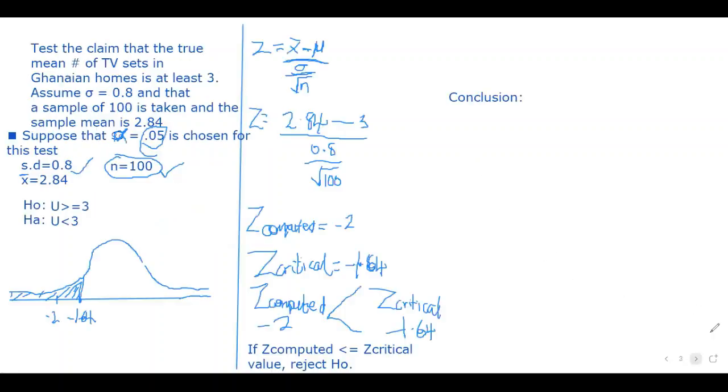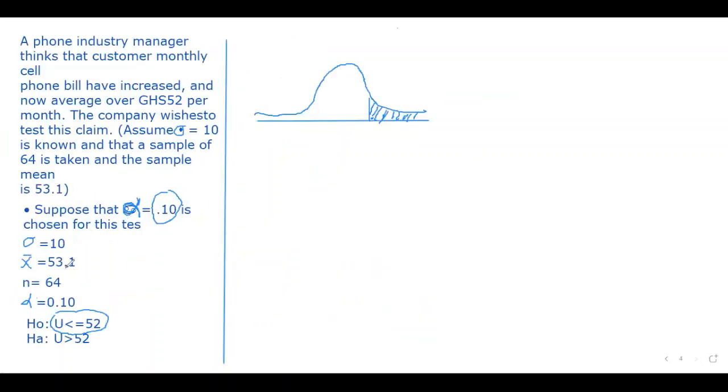With this application, n is greater than 30 and the standard deviation is known, so you use the Z test. Z is the sample mean minus the population mean, all over the standard error. The standard error is the standard deviation over the square root of the sample size, root n. You know all these things.